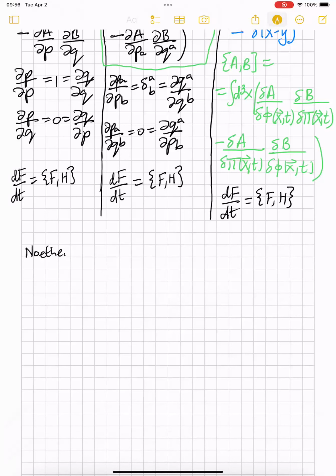One of the consequences and applications of this shows that time translation invariance, the symmetry that the laws of physics don't change in time, means that energy is conserved.